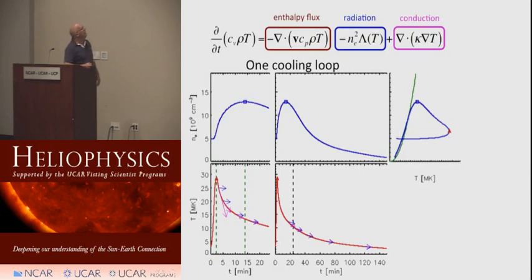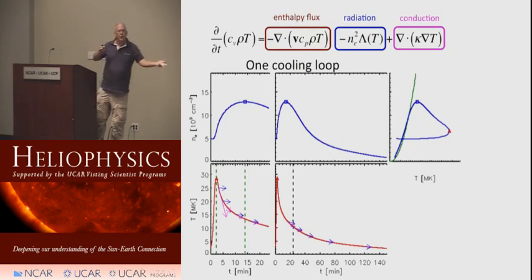Here's a very simple simulation of a single loop being heated, having evaporation, and then cooling off. What I plot here is the electron number density in units of 10 to the 9. So that's actually 10 to the 10, sort of that number I was talking about, the amount of plasma you really expect in a solar flare loop. Here's the temperature.